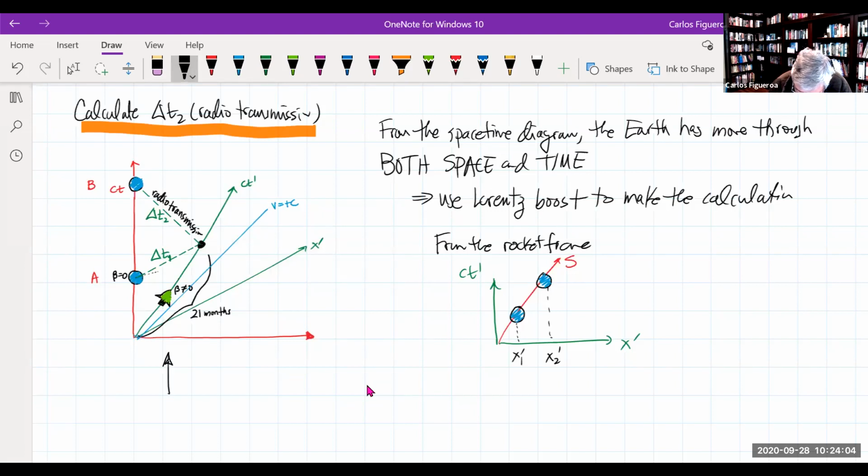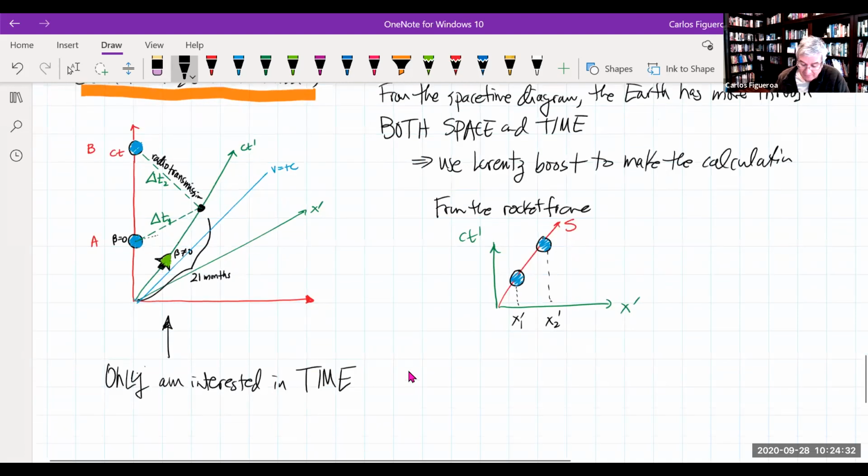in this picture, I am only interested in time. I'm only interested in time. So I'm going to stick to this frame over here, not this one. But this one shows you that it has to have changed location relative to the rocket.